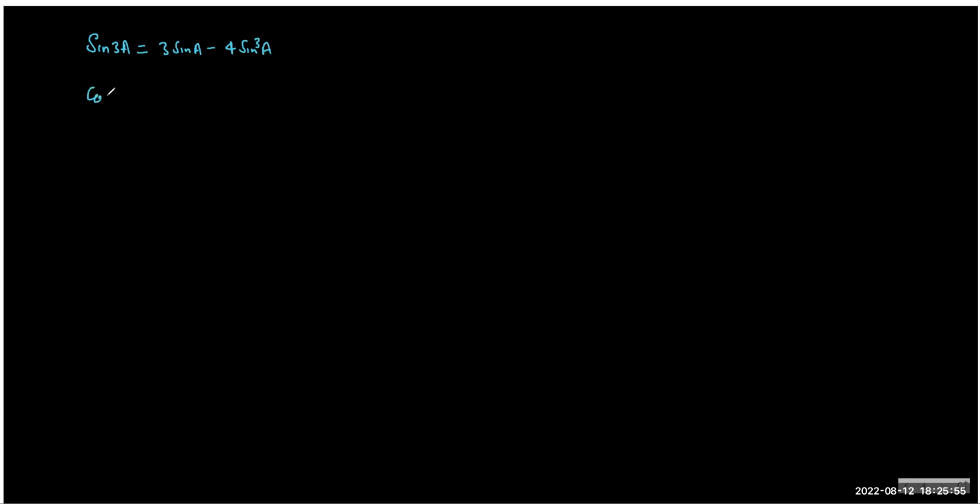And cos 3A? 4 cos cube A minus 3 cos A. Excellent. So you remember all this, right? So you can derive it. I hope so. So please, everyone derive this formula.